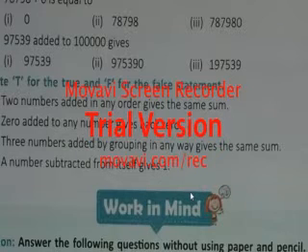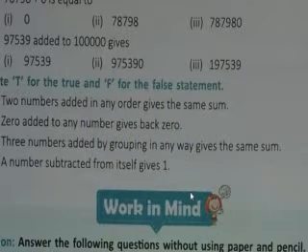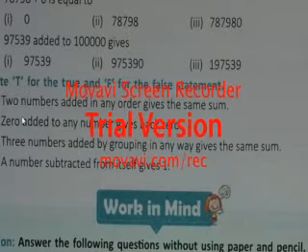So of course 5 plus 9 is 14 only, and 9 plus 5 is 14 only. I hope you all understand. In the same way, if you see 2b, 0 added to any number gives back 0. Okay, that is wrong. 0 added to any number gives back the same number.